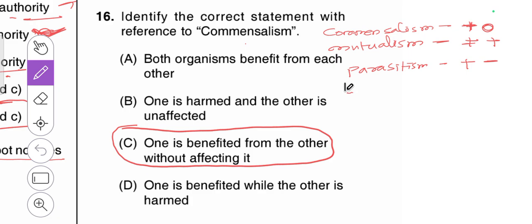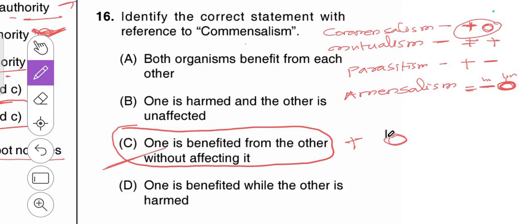Then the next one, amensalism: one organism is unaffected, one organism is harmed. This is unaffected, this is harmed. So the right answer for this one is commensalism, where one is benefited from the other without affecting it, and it is denoted by the symbol positive and 0.